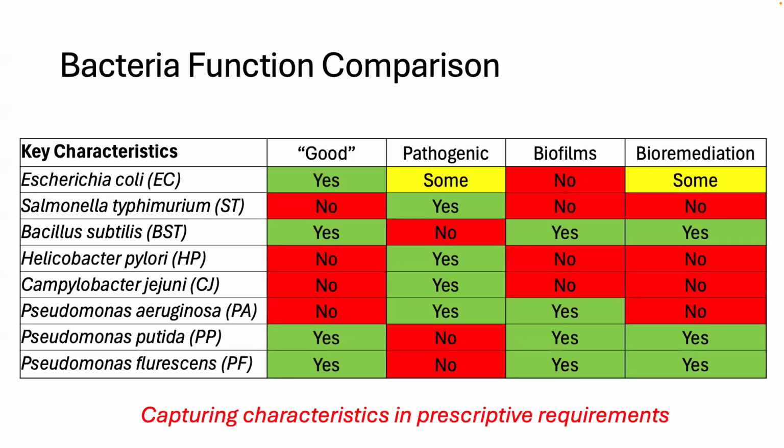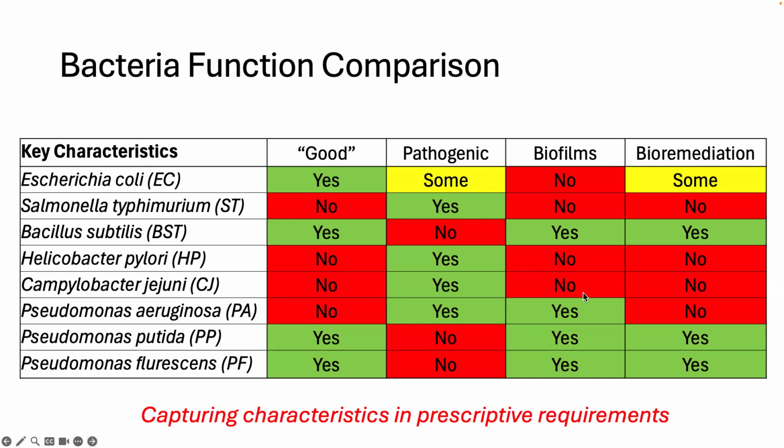Well, with these 8 different bacteria that I got from Ortega, I started to look at, well, what are the different types of functions that it does? And so I picked out a handful, if it's good or bad. And so this is sort of a way of thinking about that. Is it pathogenic? And so this is just another way of looking at these.